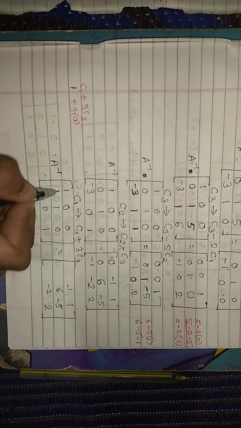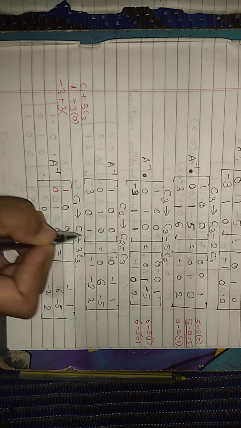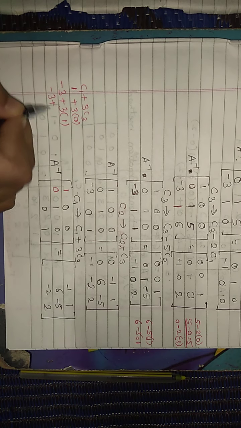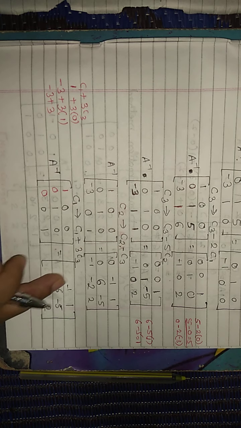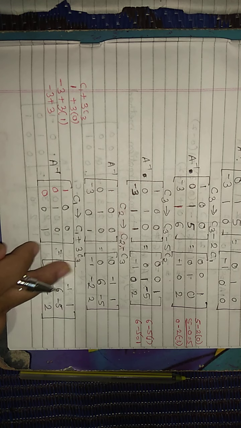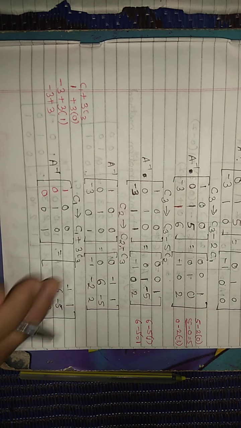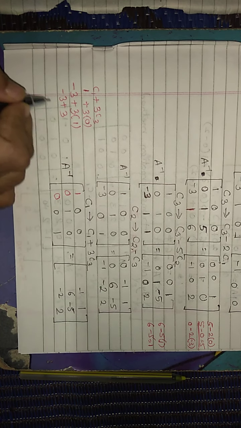Next element 0 0 0, and the last element is minus 3 plus 3 times of C3 element as a 1. So minus 3 plus 3 is equal to 0. Now here we have to fill all the data. 0 0 minus 1 we convert by using the same.